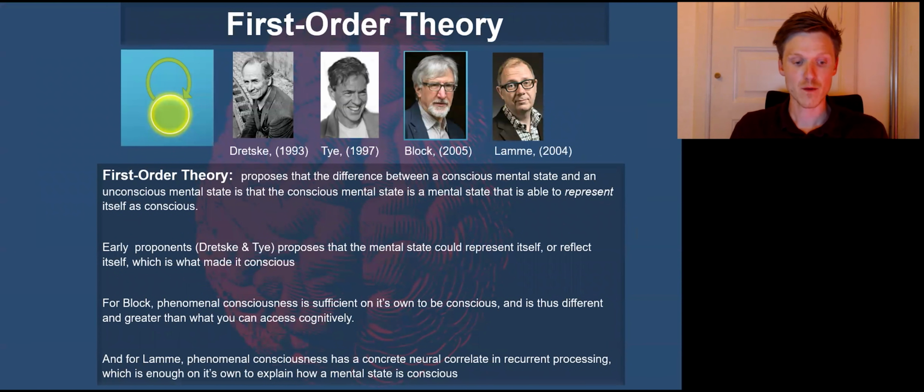So in sum, first-order theories of consciousness propose that the difference between a conscious mental state and an unconscious mental state is that the conscious mental state is just a mental state that is able to represent itself as conscious. So early proponents like Dretske and Tye said that the mental state could represent or reflect itself, which is what made it conscious, and nothing needs to be added.